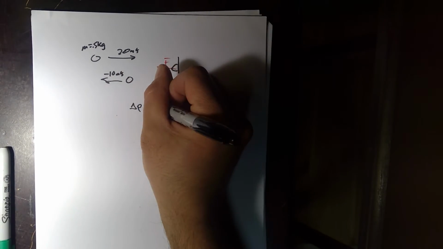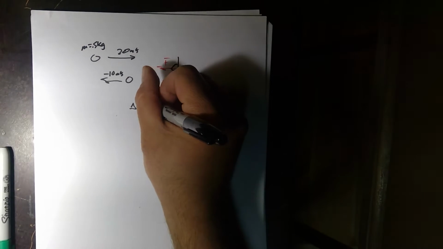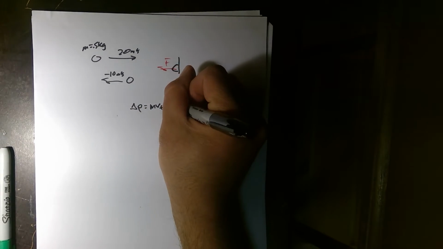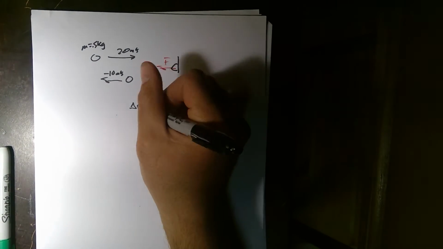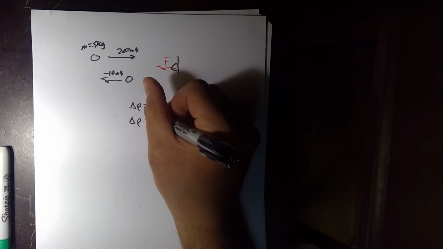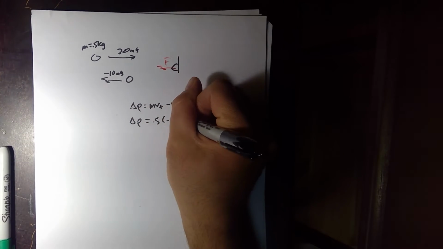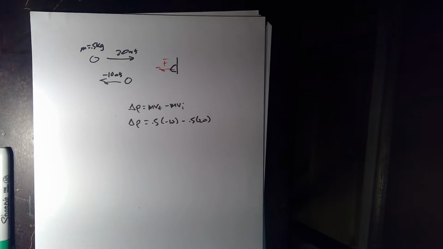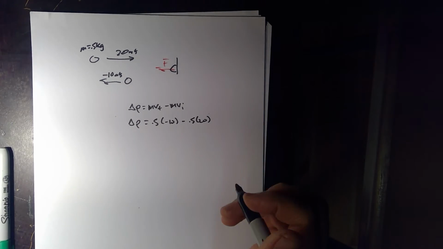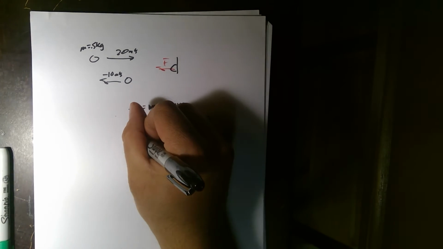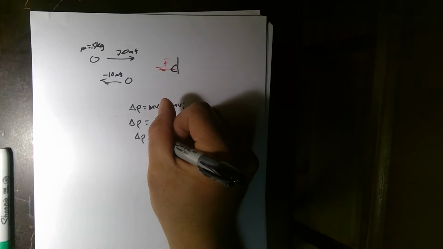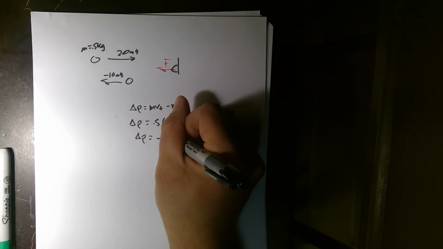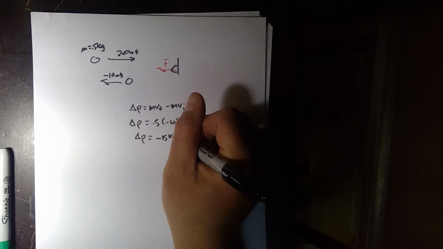Delta P would be equal to mvf minus mvi. So delta P would equal 0.5 times negative 10 minus 0.5 times 20. Putting it all in, I get the delta P here, based on these numbers, is negative 15, and the units for momentum are kilograms meters per second.